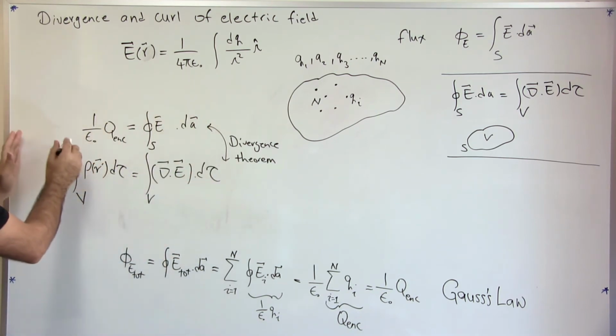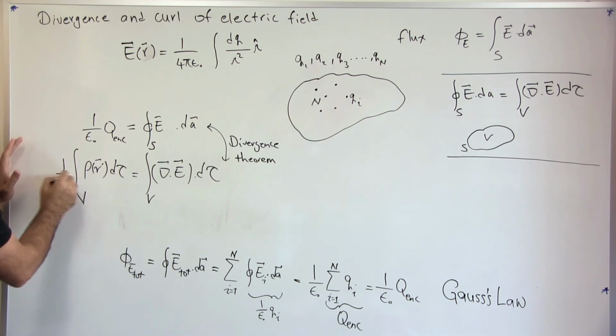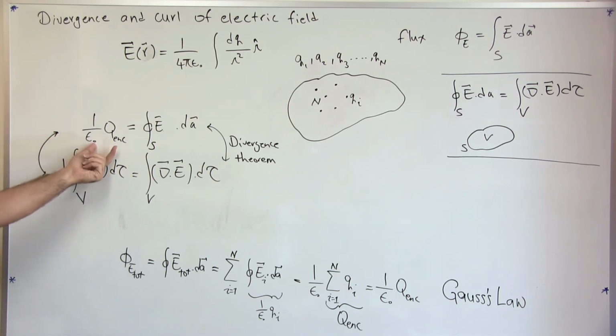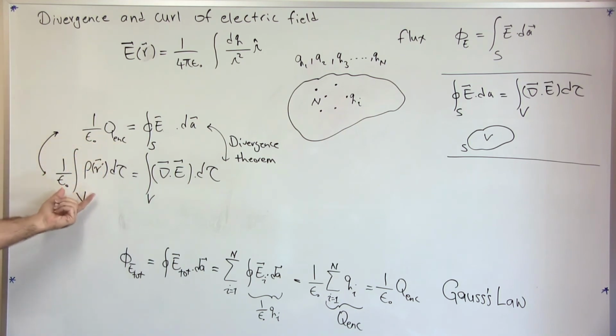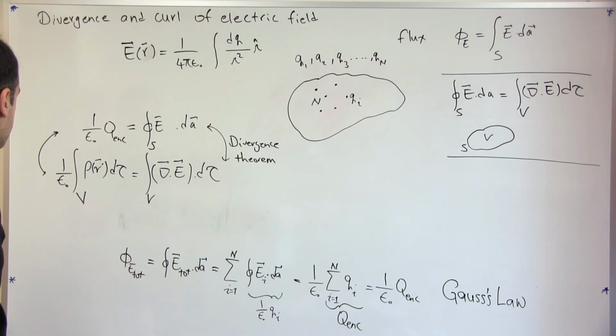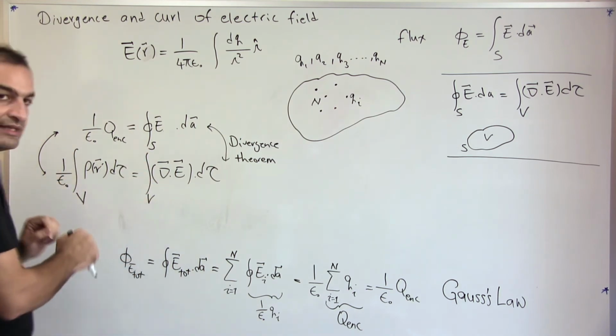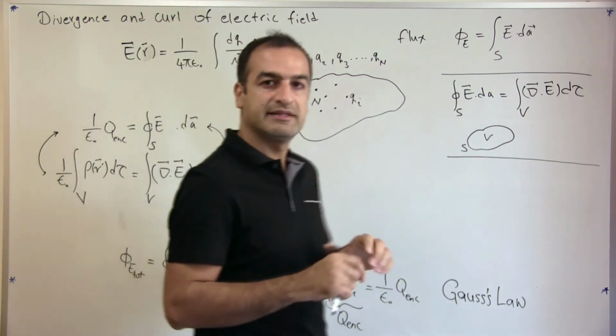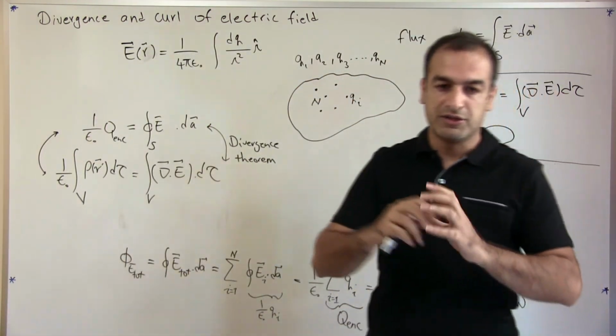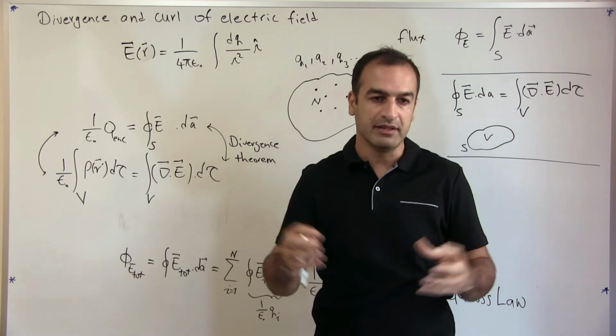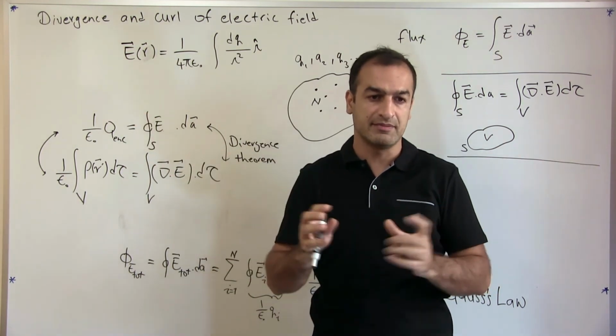This side of the equation is rather trivial physics. We have 1 over epsilon times enclosed charge, and we can write it as 1 over epsilon times the integral of the charge density over the volume. Now these two integrals end up being over exactly the same volume, and that's a random volume we chose. We can make it smaller, bigger, super big or super small, it doesn't matter.